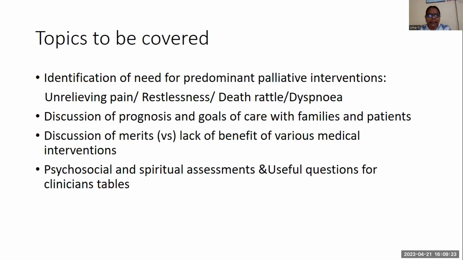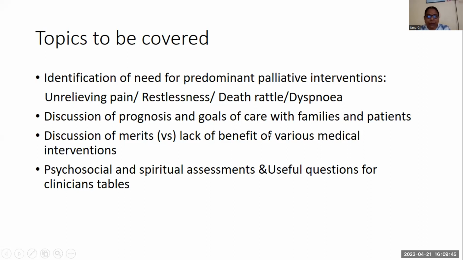Next slide, please. The topics we have to cover are identification of need for predominant palliative interventions. The students have to at least know about all this: unrelieved pain and restlessness can happen, so students have to be made aware of that. We have to treat everything and there are interventions available.